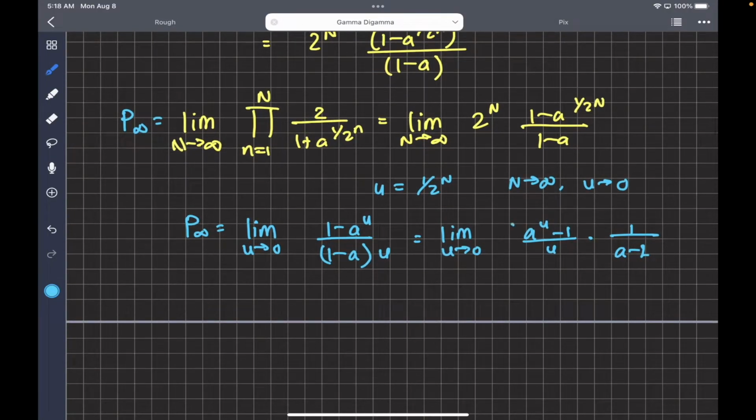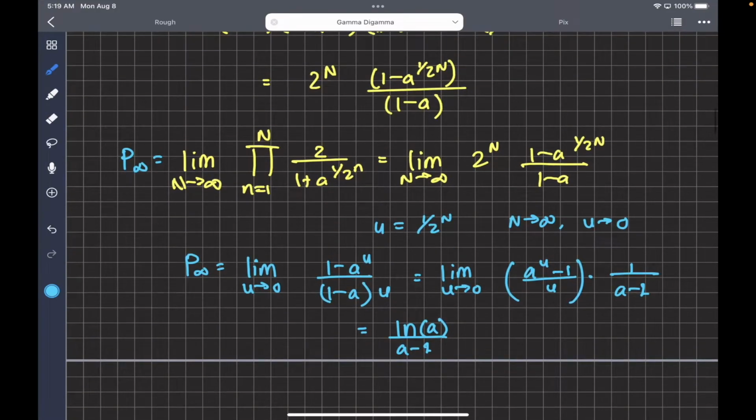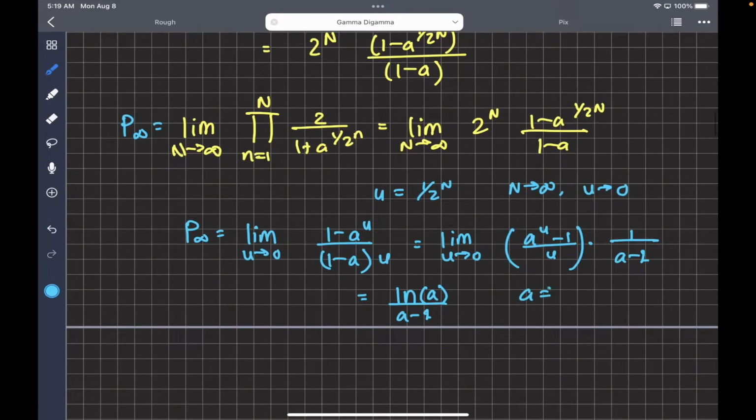Now what is this quantity that depends on u as we're taking the limit? You can do L'Hopital's rule, but if you know some formulas from your limits 101 calc class, you'll recognize this immediately as the natural log of a, divided by a minus 1. So it is truly finite if a is not equal to 1.